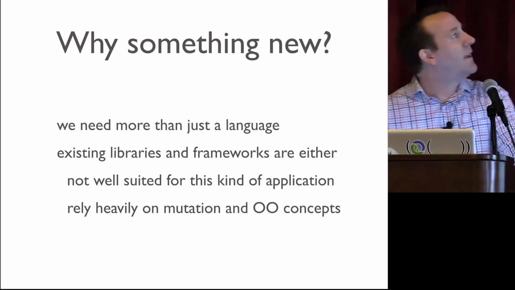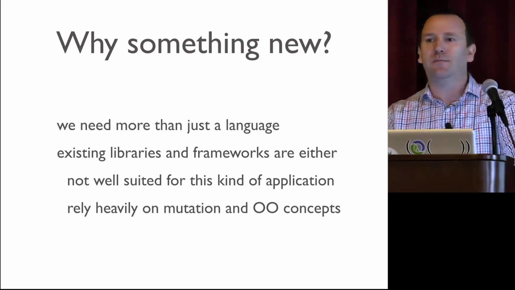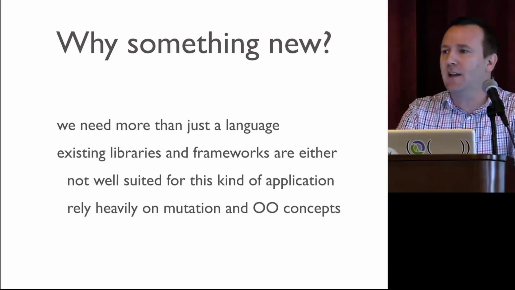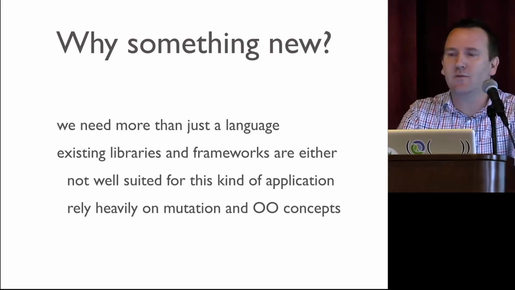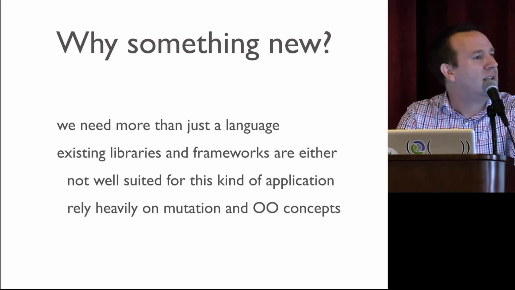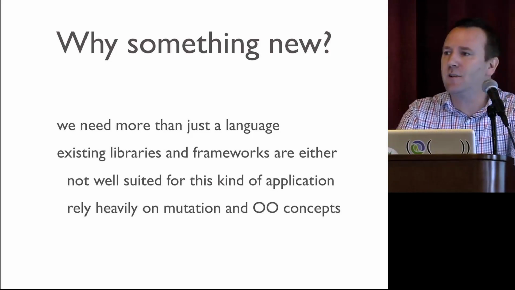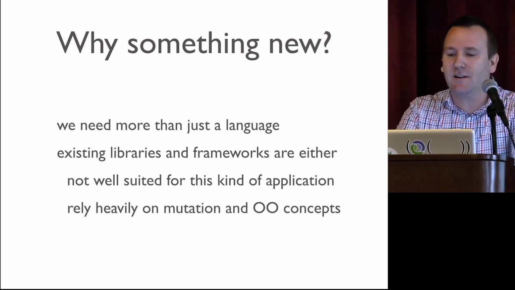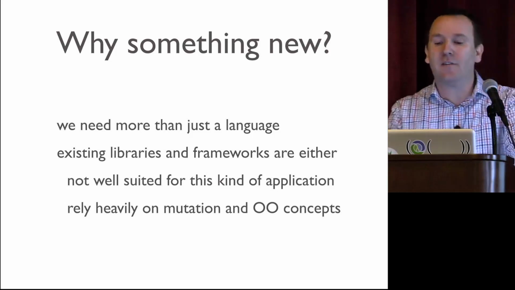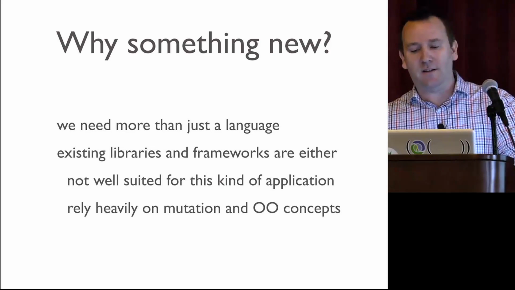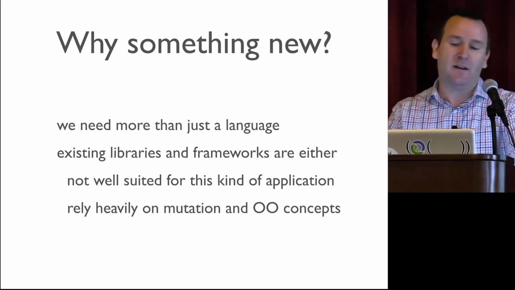So why in the world are we creating something new? We need something besides just a language. Languages are important, and we like ClojureScript for these kinds of applications. But in any endeavor, we usually use libraries to help us out. And we think that something is needed here, and later in the talk, you'll see some of the things that I think we need and how we implement those in Pedestal.